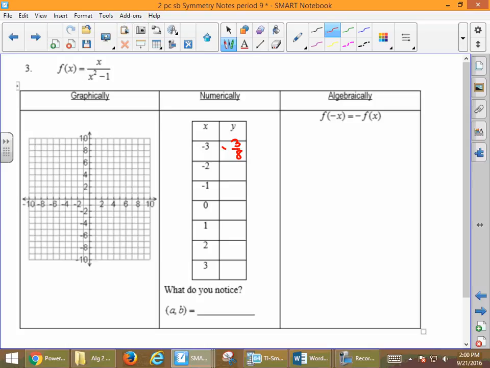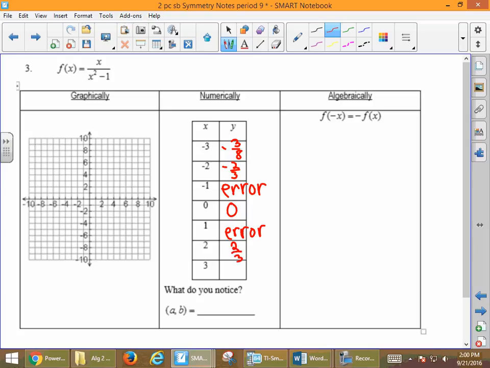And -2 is -2/3. We get an error at -1, so we don't have any value at -1. 0, 0. We get an error at +1, so there's no value there at 1. 2, we have 2/3.